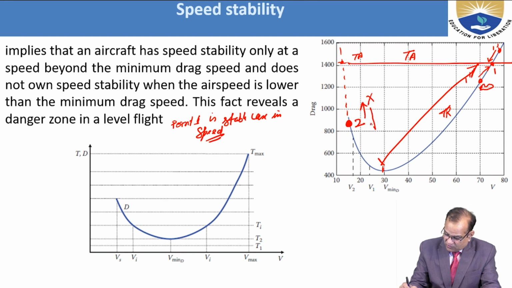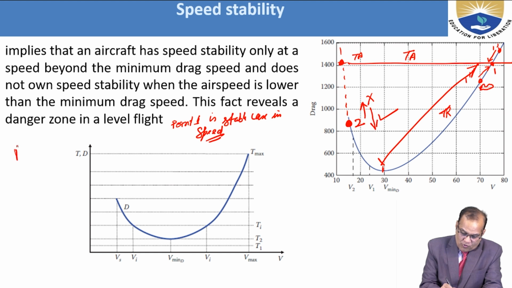It will go in this direction. So at point 2, it is trying to go beyond its equilibrium. Equilibrium is here, so it is trying to go away from the equilibrium. So point 2 is unstable in speed.